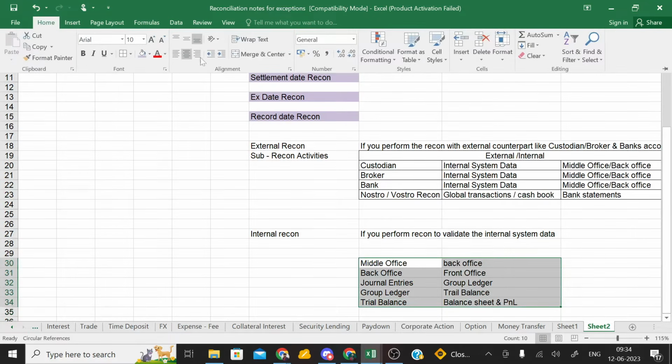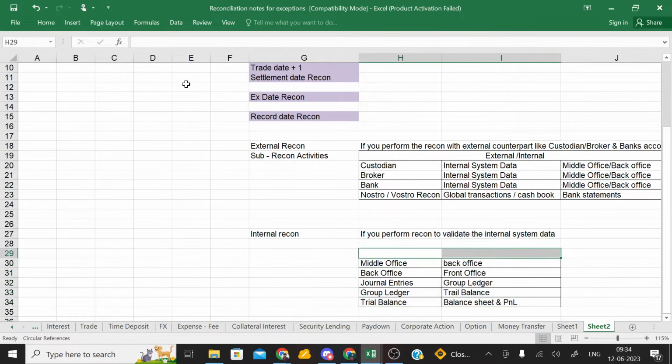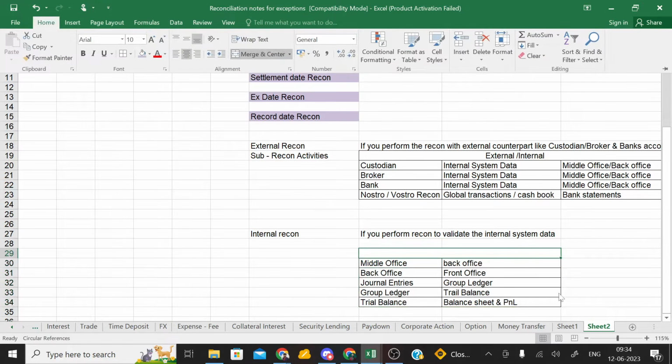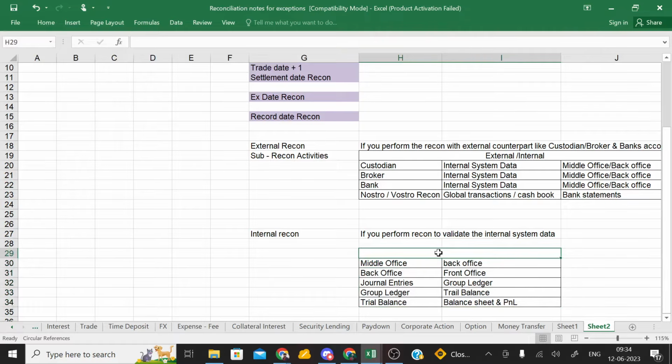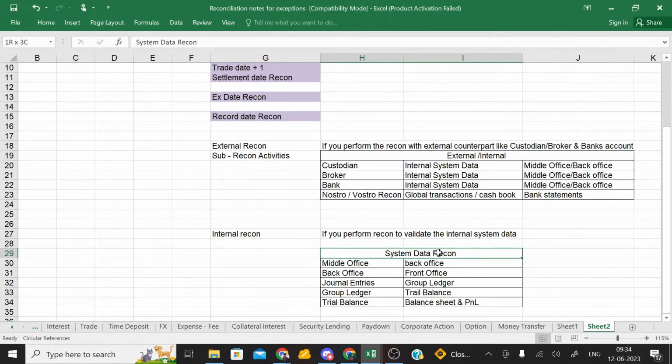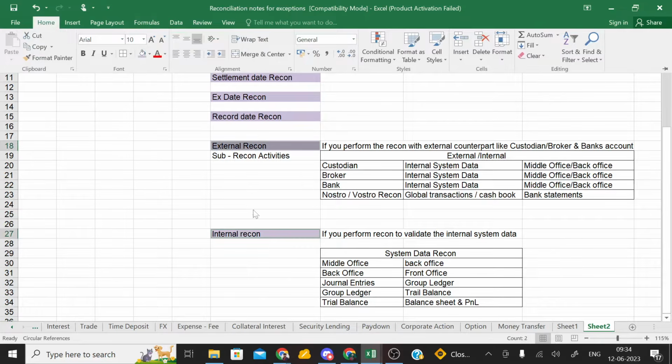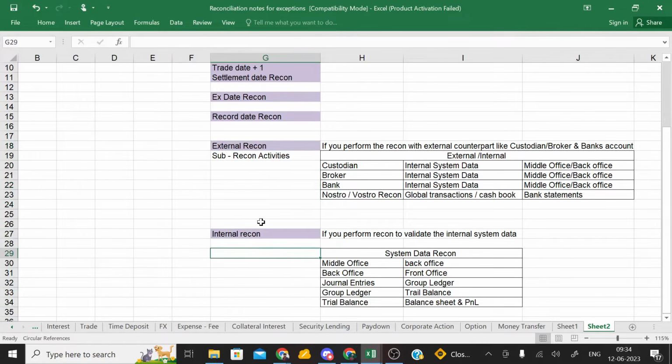So this is your system data, means you need to match it off. System data reconciliation, system data recon. So note down this. Internal and external sub-recon activities.